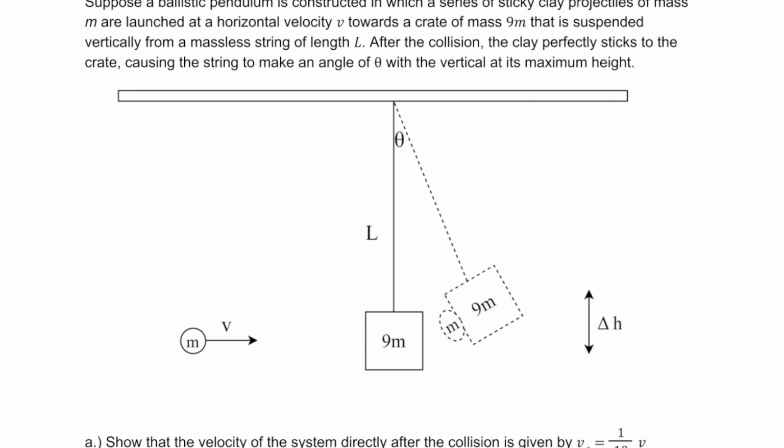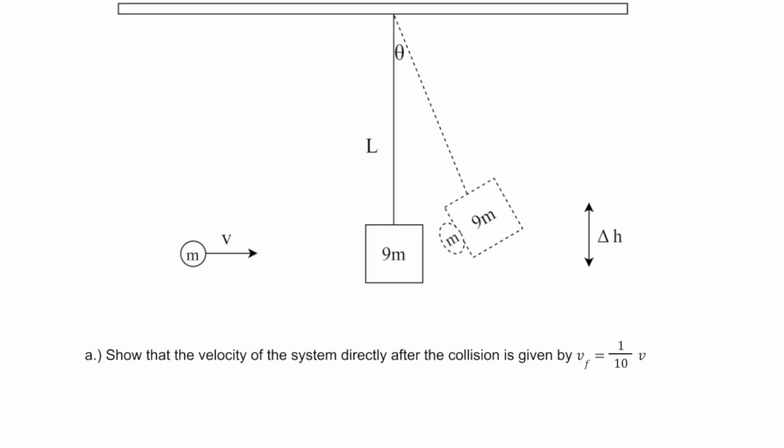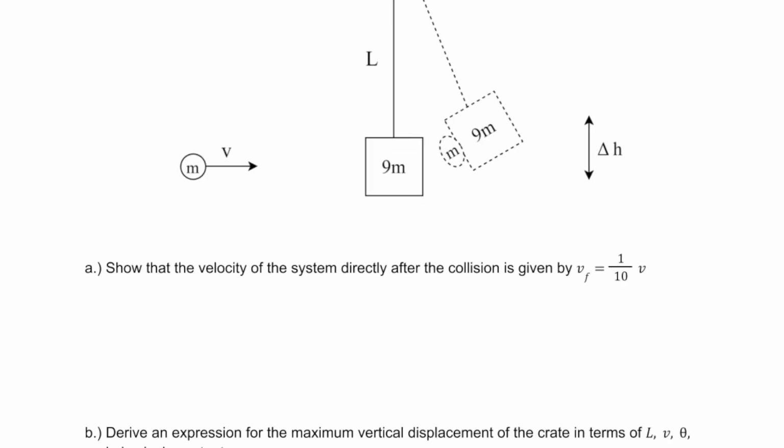And first, we're asked about the velocity of the crate after the collision. So show the velocity of the system directly after the collision is 1/10 of the original incoming velocity. So we just have two objects colliding, no external forces because we just have a massless string here. So it's just going to be conservation of linear momentum.